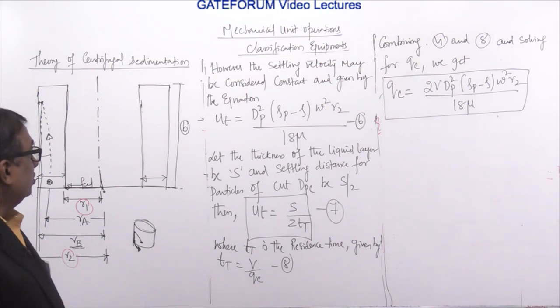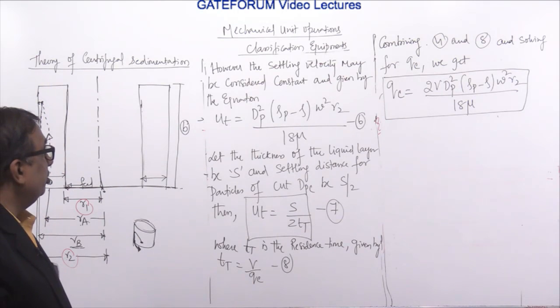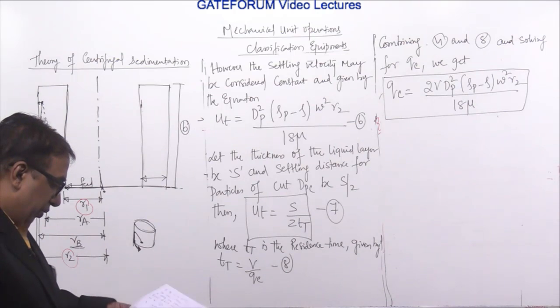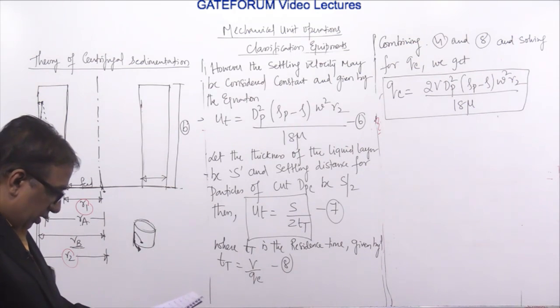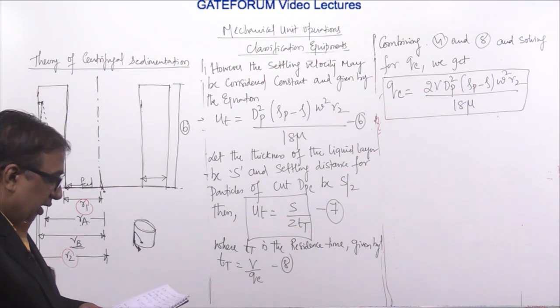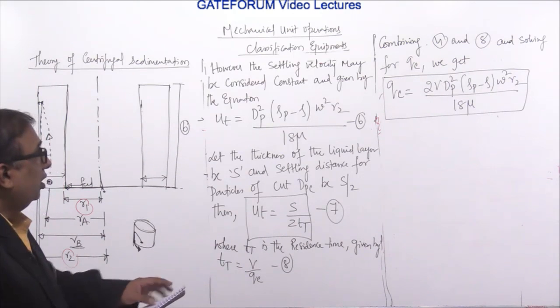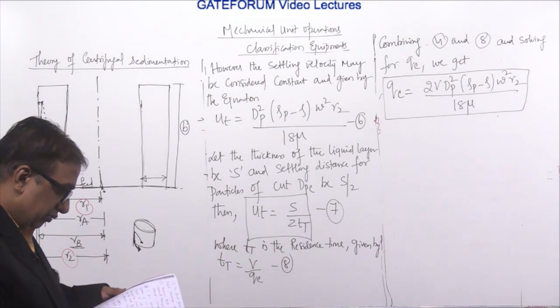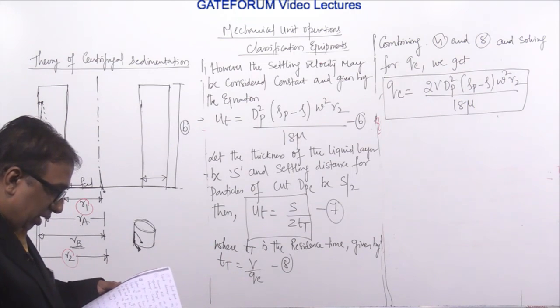Okay. So now, the settling velocity may be considered constant and given by the equation. Let the thickness of the liquid layer be S and the settling distance for particles of cut dpc be S by 2. What is equation 4? Equation 4 is this: R2 square by R1 square ln of RB by RA.